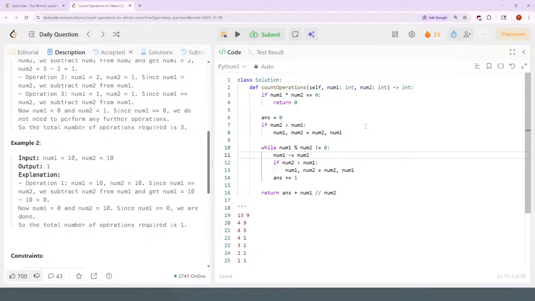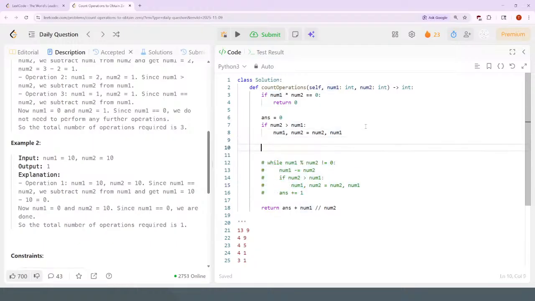If num1 greater than num2, num1 minus equals num2, else num2 minus equals num1, and do the loop again. I mean, seems worse. Alright, I guess I'll just try it. Can't hurt to try. Well, I guess it can actually.